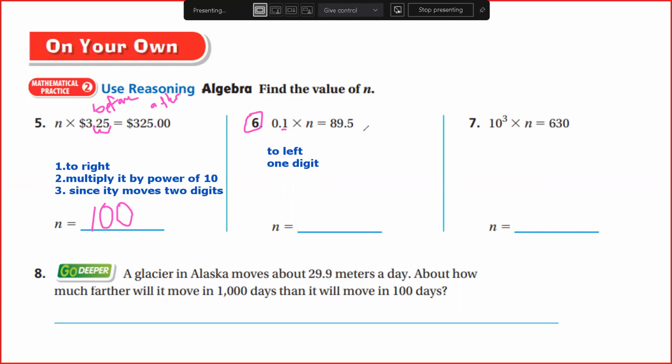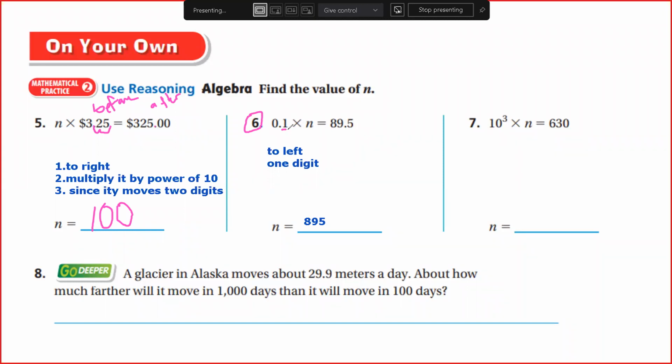So what was the number before you got this answer? Was the number 895 before multiplying?